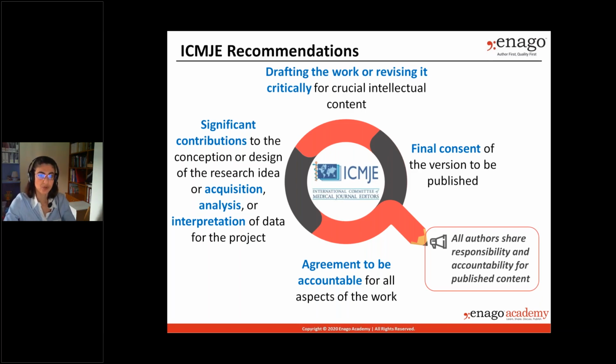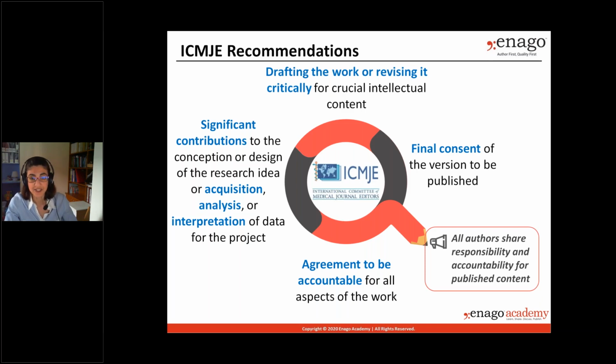So actual intellectual involvement. Drafting the work or revisiting it critically when preparing the different parts of the content is another important aspect that an author needs to be involved in.